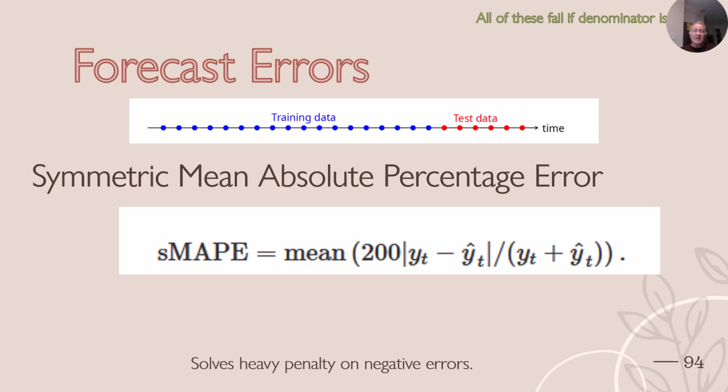There's also the symmetric mean absolute percentage error. We'll have the mean of 200 times the absolute value of the difference between the actual value and our predicted value, divided by the sum of our actual value plus our predicted value.